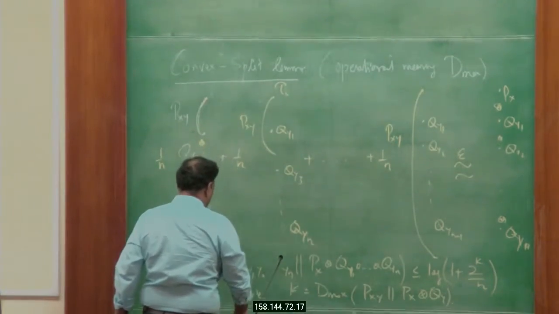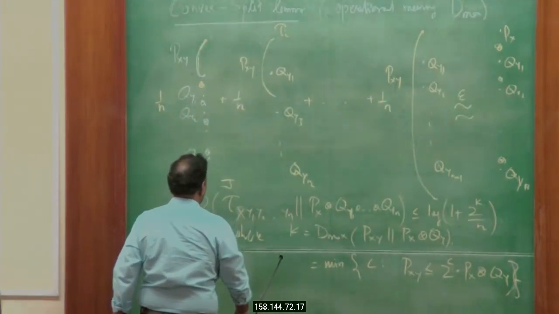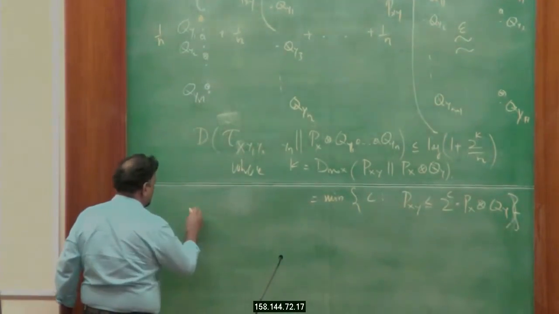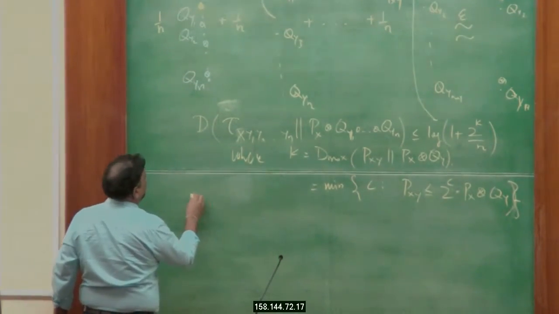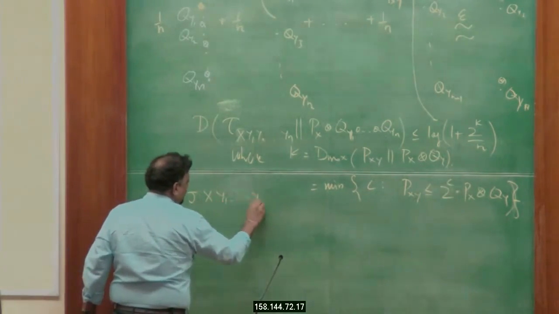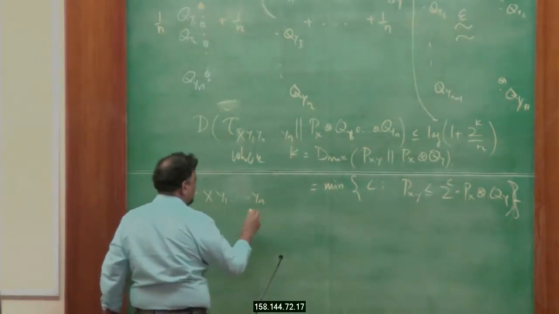So let's define a correlated random variable j, which is correlated to x, y1 up to yn.